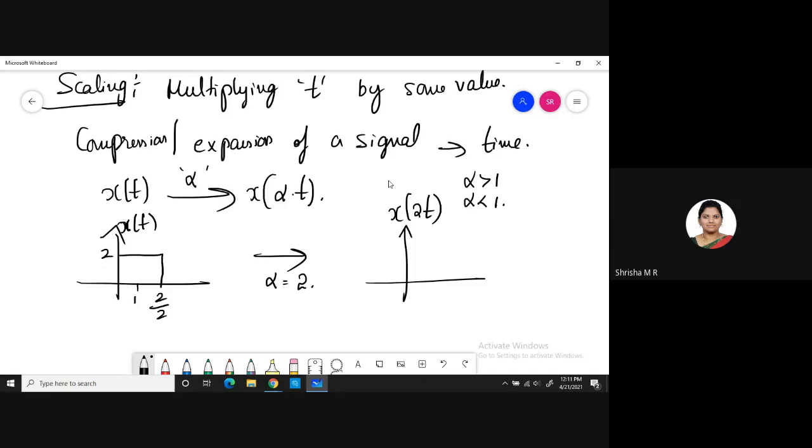So the signal will be compressed, and it will exist from 0 to 1. Amplitude will be the same. So in scaling, if you have alpha greater than 1, the signal will be compressed.